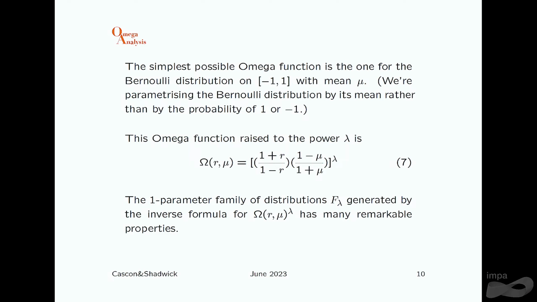But for example, it's also very easy to see that if you take mu equals 0 and lambda equals 2, you've got the omega function for the uniform distribution on the interval from -1 to 1. Now this one-parameter family that comes out of this has many remarkable properties. It's quite an extraordinary object.